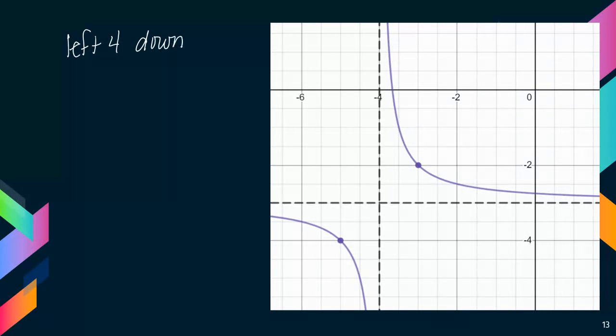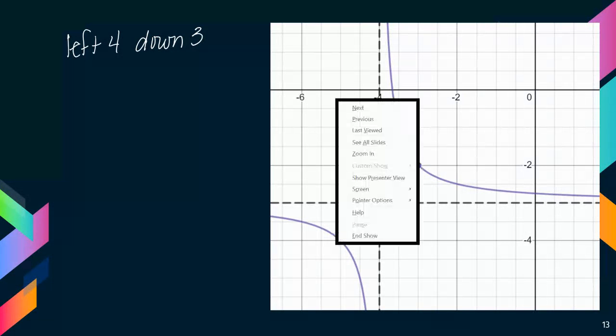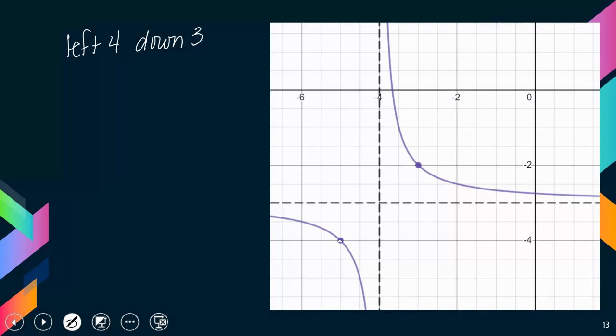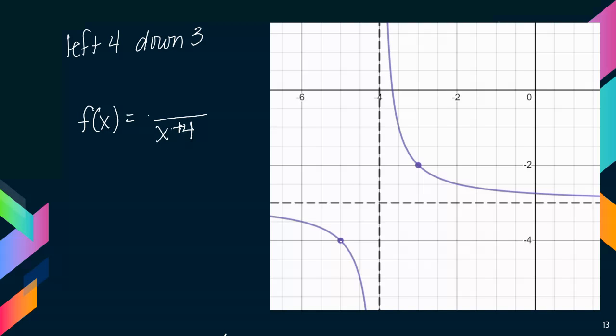I moved down 3. The points here don't appear to have really moved. So I'm going to assume there's not really a vertical shrink or a vertical stretch. So I'm just going to write my equation using what I have. So x plus 4, minus 3. And I'm going to leave that top as a 1. Doesn't appear to have stretched.